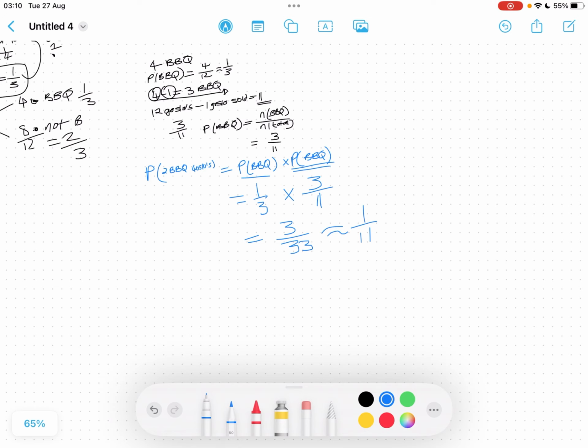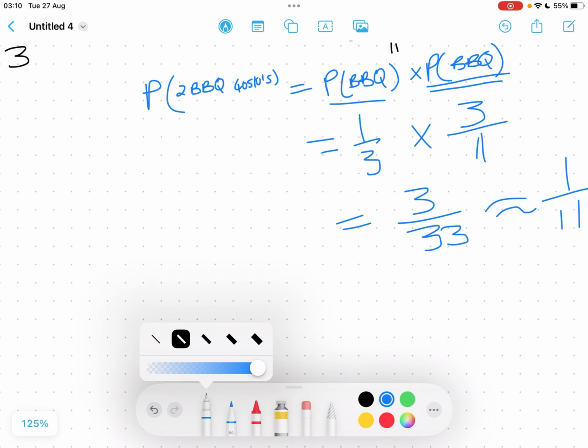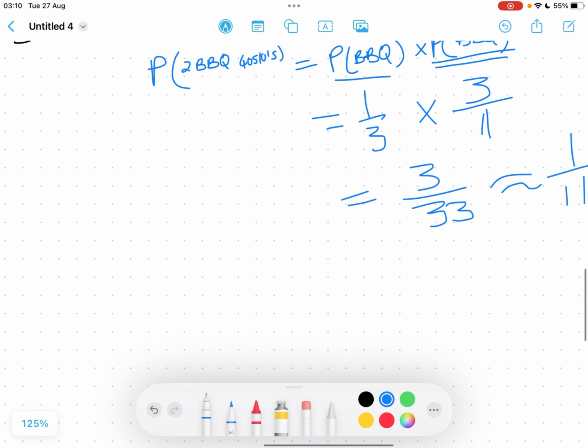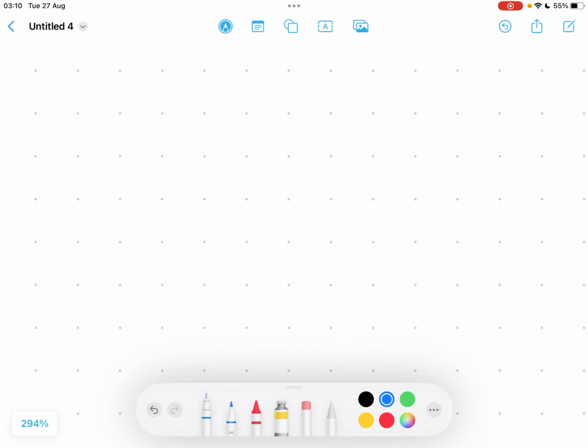So that's what happens, if you have a tree diagram, they can always ask you these questions in these ways. So I just want my students to try this question and try to answer it for me. Send it to me via WhatsApp. What is the probability that this person will pick 1 barbecue and 1 not barbecue?